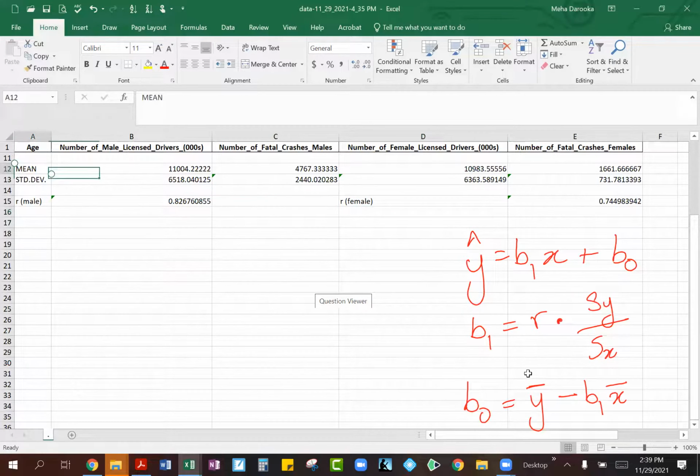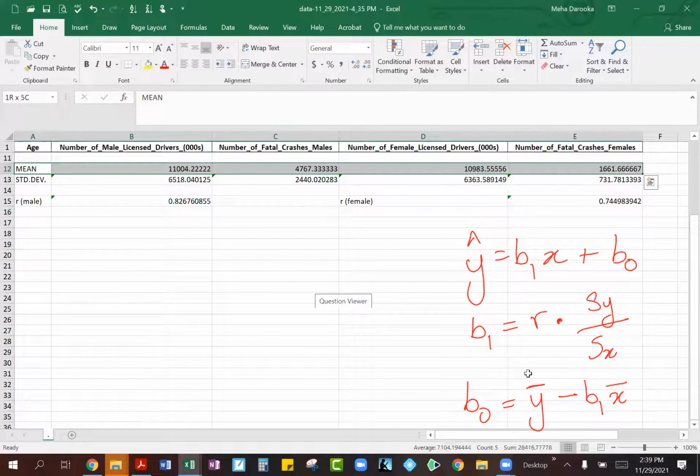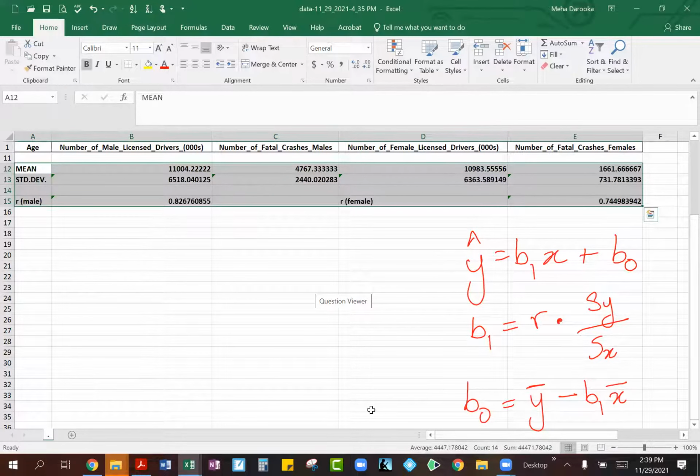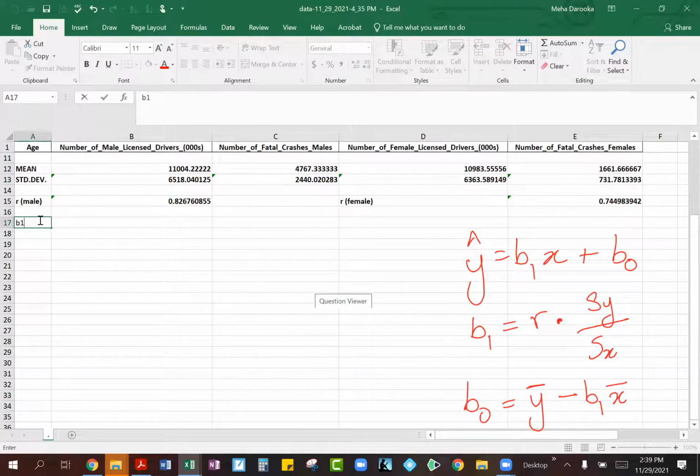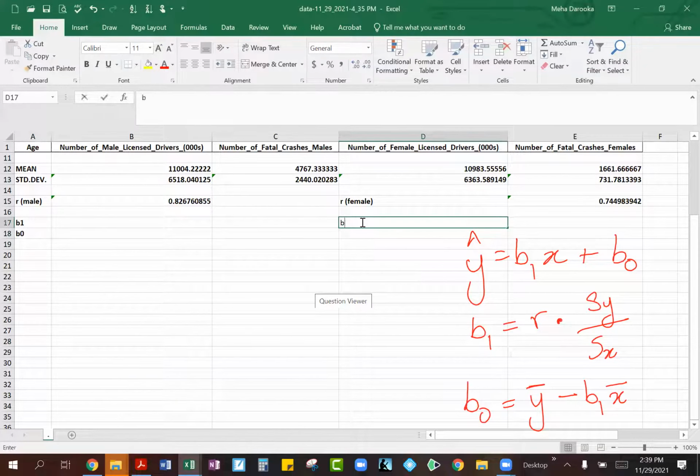So we've now got all the numbers that we need to make these calculations happen. So as you can imagine, we're going to have one regression line for the male drivers and one regression line for the female drivers. So that means you will be calculating the B1 and the B0 for each of our data sets. So B1 and B0.